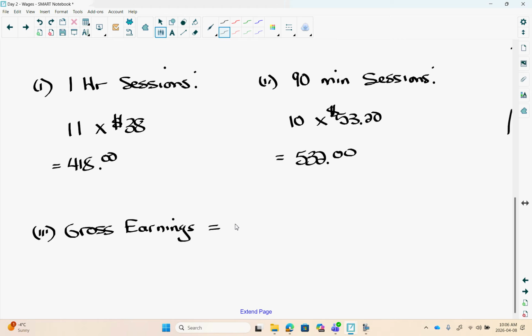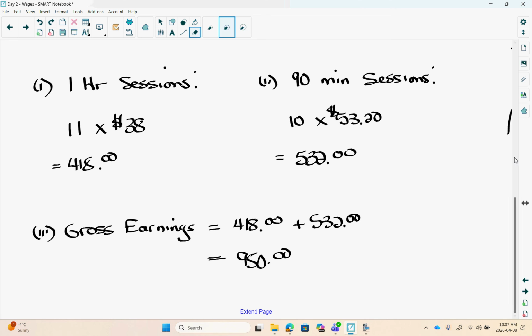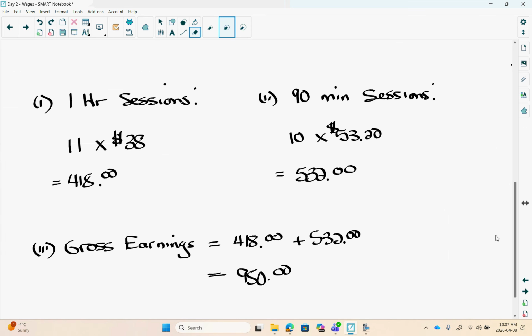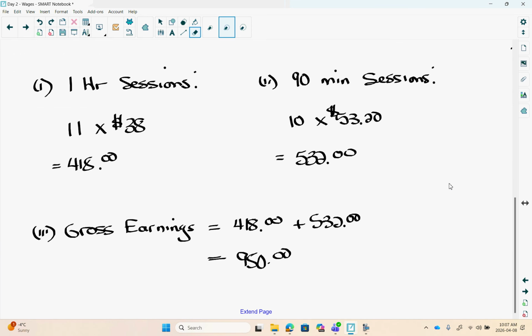I'm going to add the 418 and the 532. I want his total pay. 418 and 532, that's $950. Everyone cool with that? Brad would earn $950.